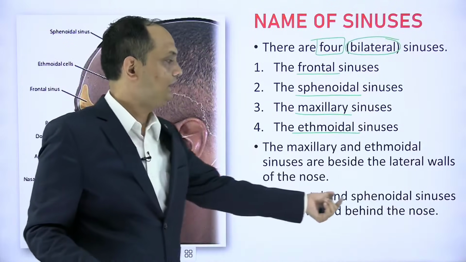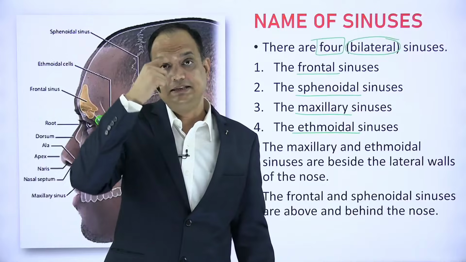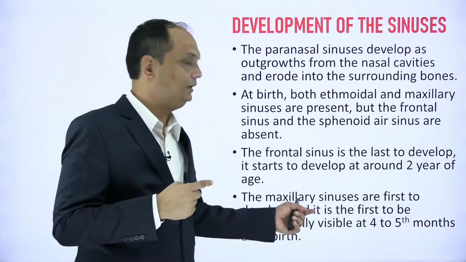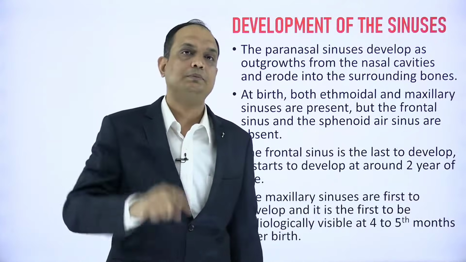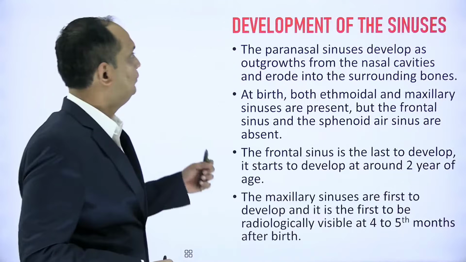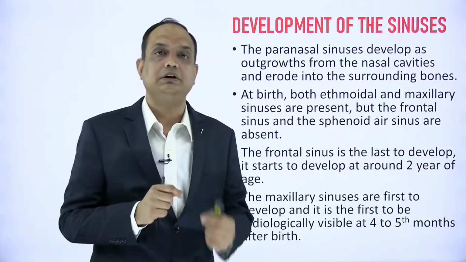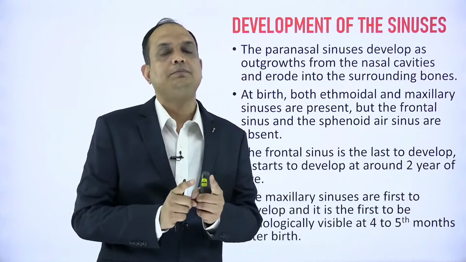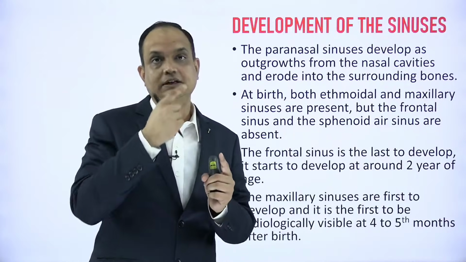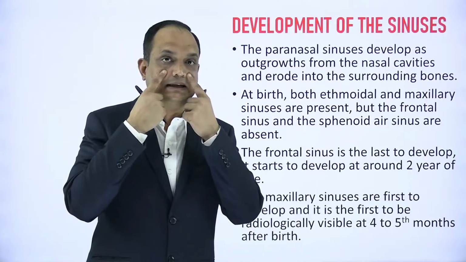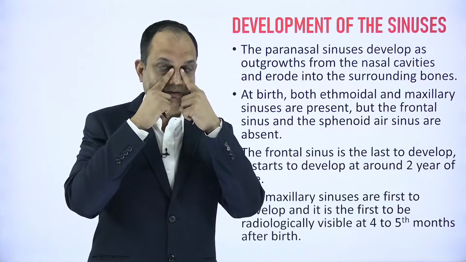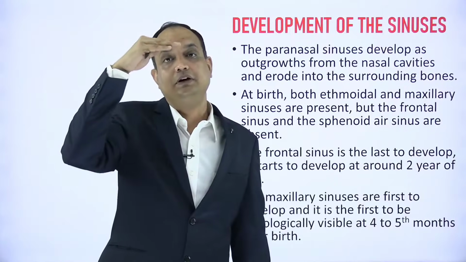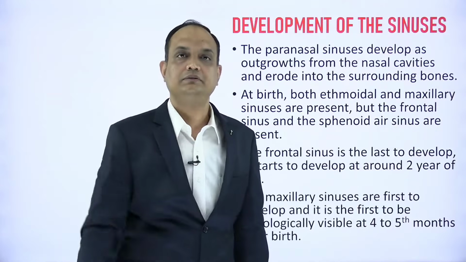But the frontal lies above, and the sphenoidal is also above but on the posterior aspect. So the important thing to understand is that the location of the paranasal sinuses is all around the nasal cavity. The maxillary and ethmoidal sinuses are at the lateral wall, but you have the frontal and sphenoidal in the upper part of the nose.